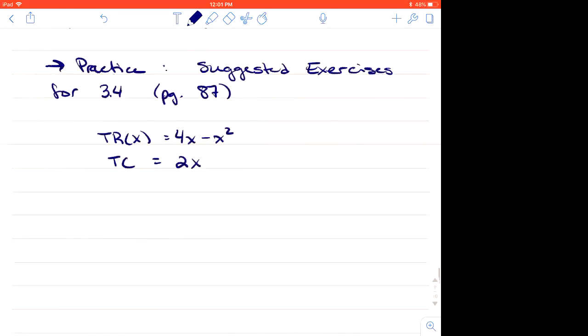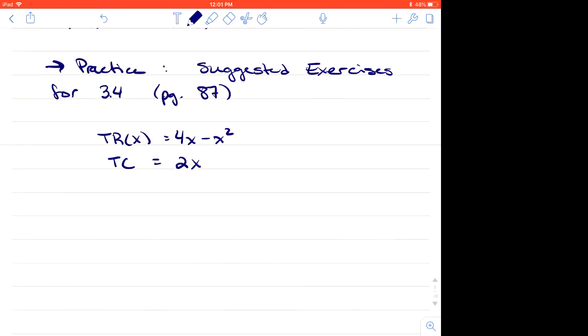So we know that we can build a profit function out of this if we know the total revenue is given by 4x minus x squared, and the total costs, it's just thrown in for extra practice, attached to number 2 still.